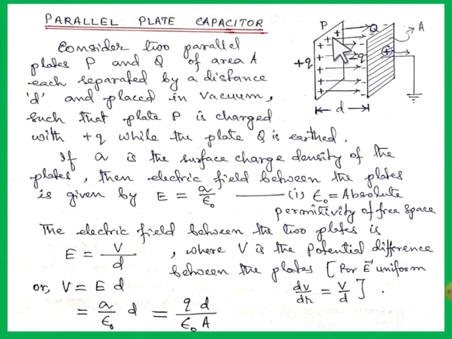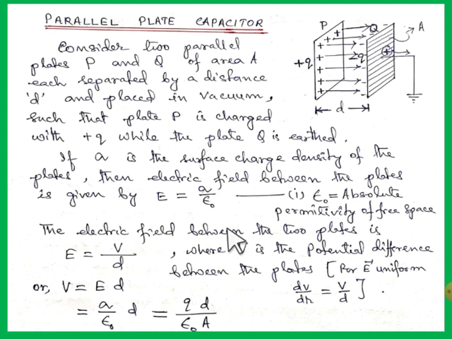Now if sigma is the surface charge density of the plate, then the electric field between the plates, as we learned at the time of learning electric field, due to an infinitely thin sheet of infinite extent, is E equal to sigma by twice epsilon naught.